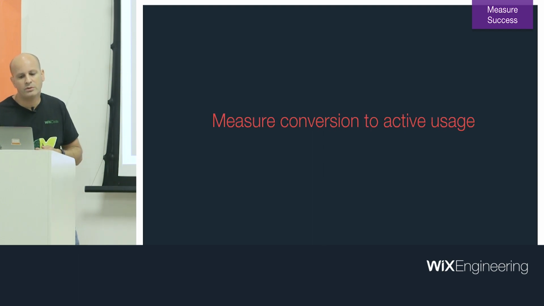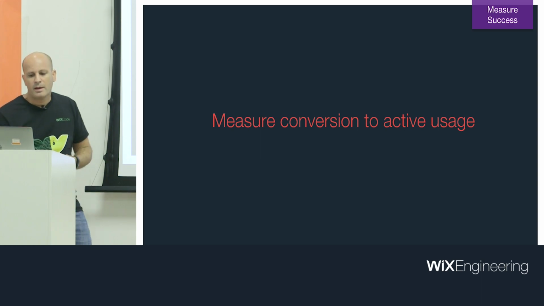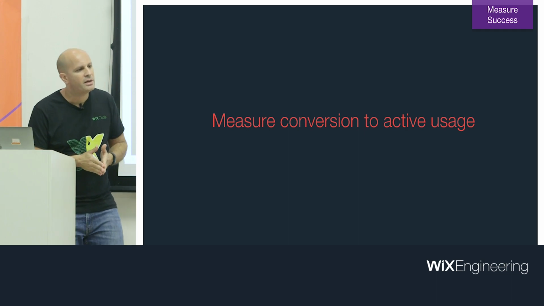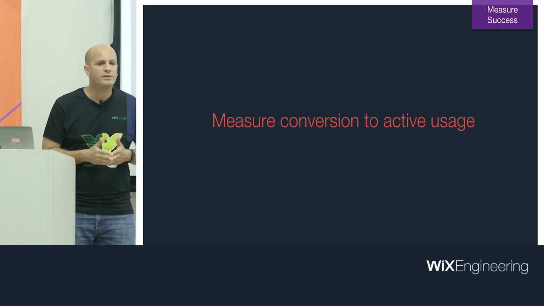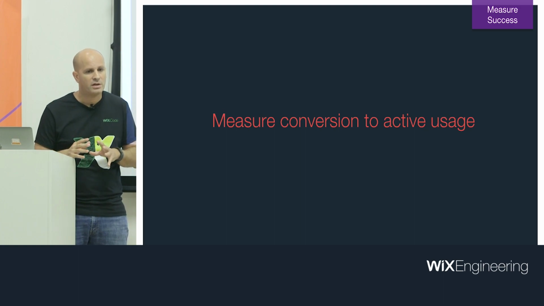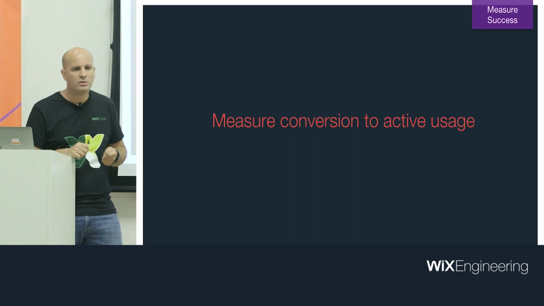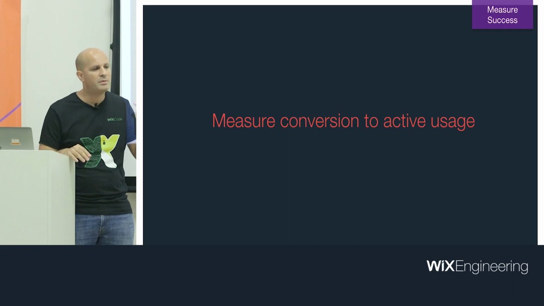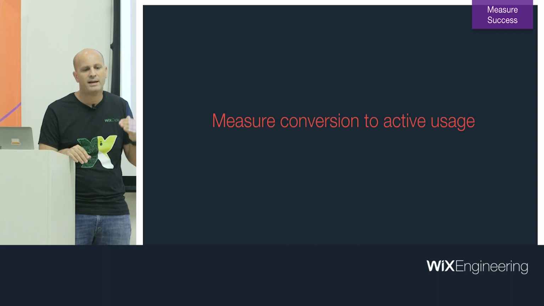Another thing you need to do is measure conversion to active, real usage. What do I mean? Some users, like in any other product, will come to your API product and try to evaluate it. They run the getting started tutorial. They'll build something, and you'll see maybe API counts in your monitors.